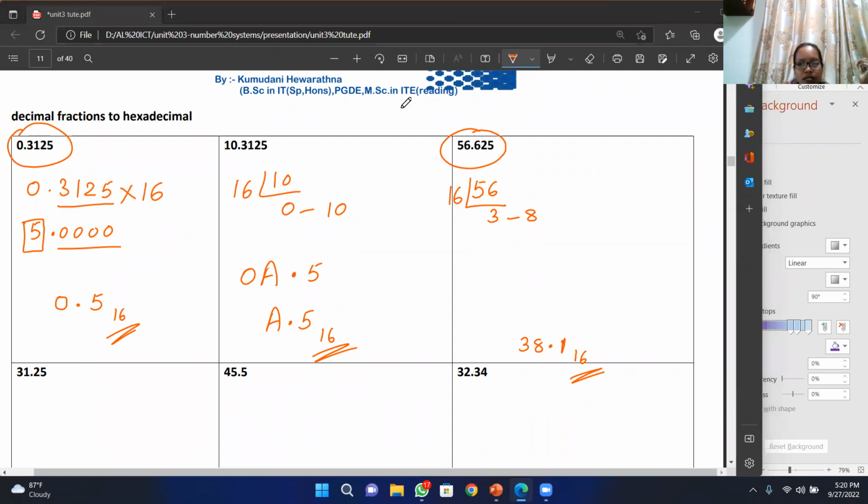Zainab has taken 38.A. We'll see. 38 is correct. What about 625?